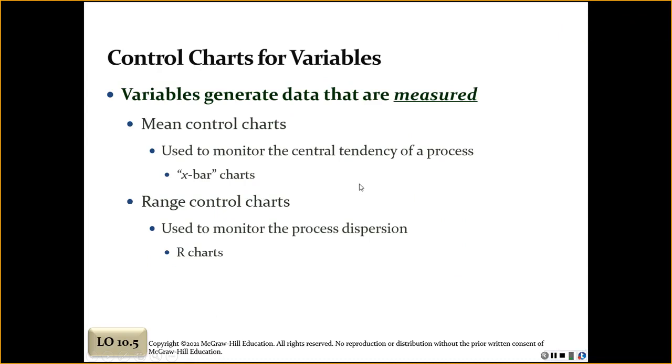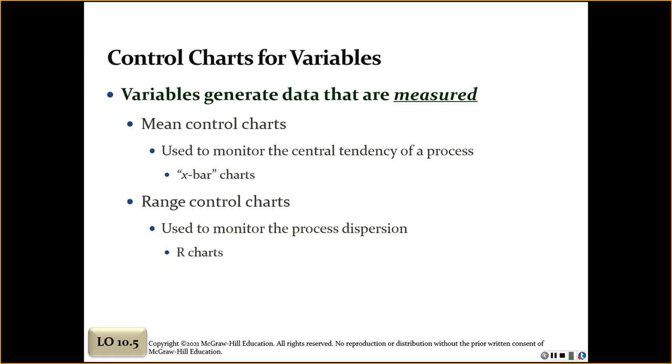There are 4 commonly used control charts. 2 are used for variables, or data that is measured, and the other 2 are used for attributes, or data generated by counting. The 2 types of control charts used for variables, which we'll go into a little bit more in depth, are, one, the mean control chart, which we'll do a couple of examples on, and then the other one is the range control chart.